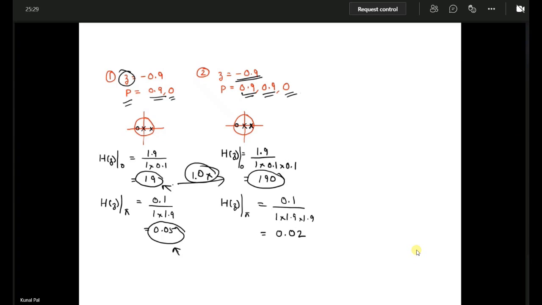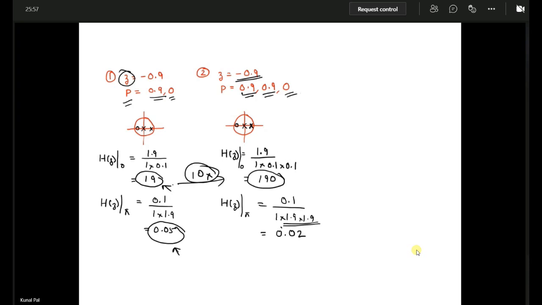And so the gain has increased 10 times when we have placed a pole over a pole. In the second case, if you see over here, we have 0.1 divided by 1 multiplied by 1.9 multiplied by 1.9. Okay.